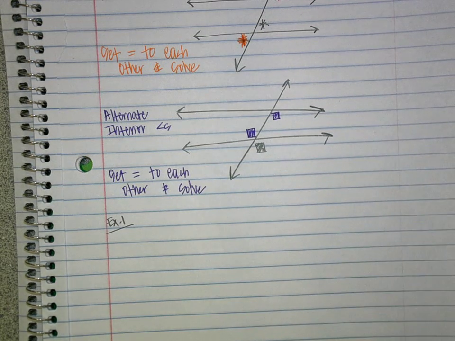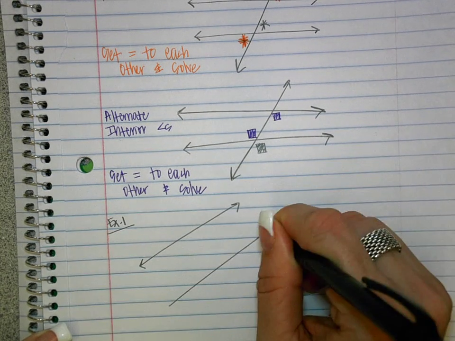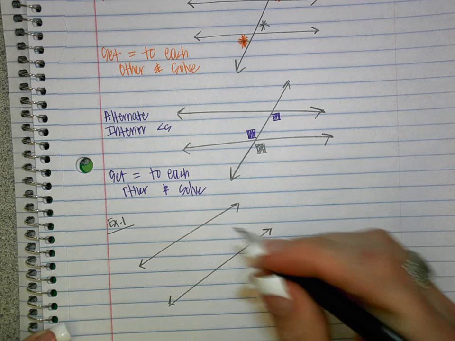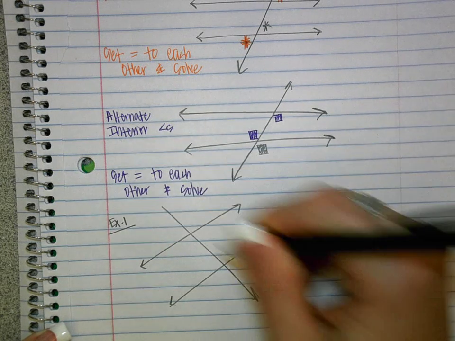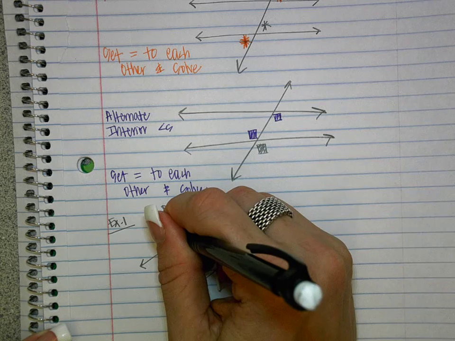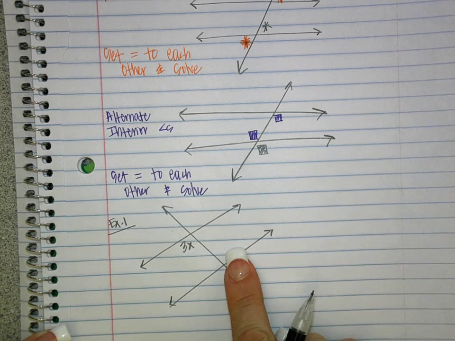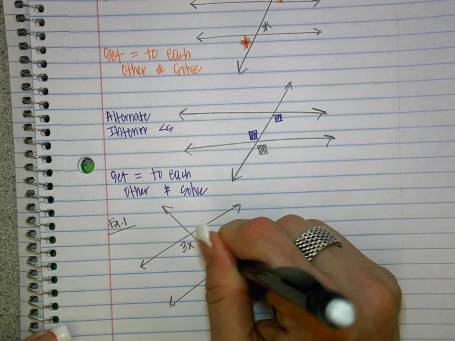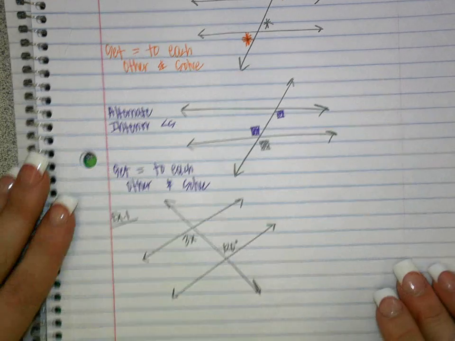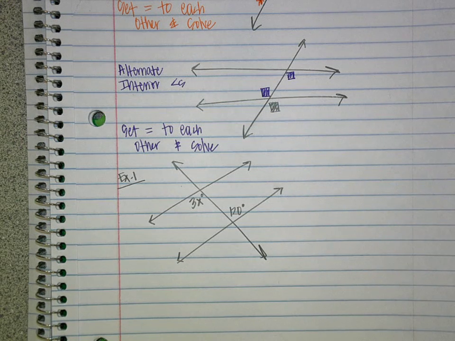For example number 1, I give you two parallel lines with a transversal going through them. I tell you that this one up here is 3x degrees, and right here is 120 degrees.